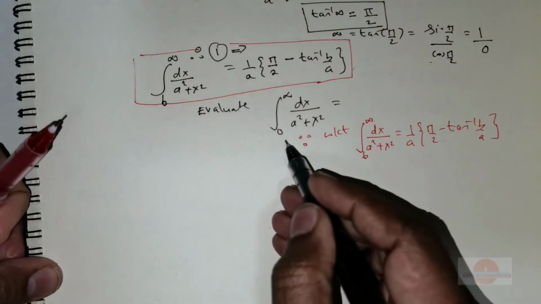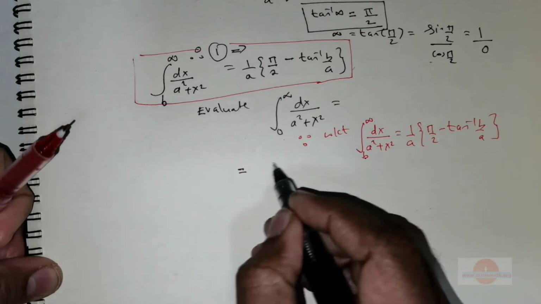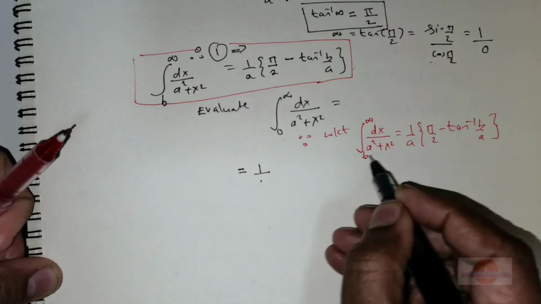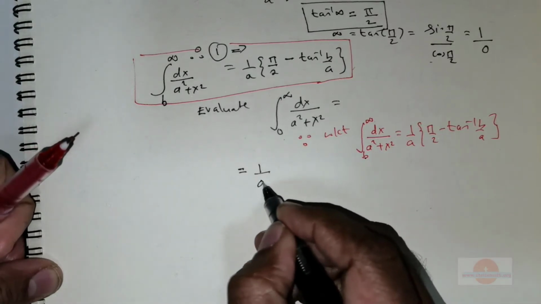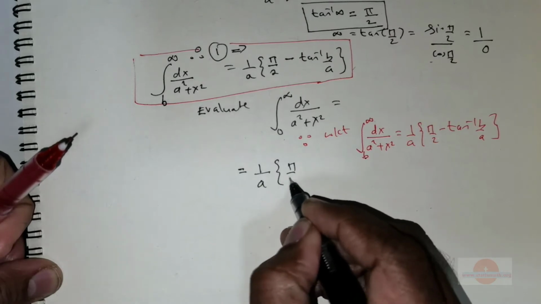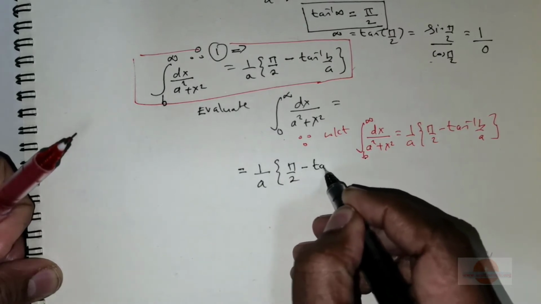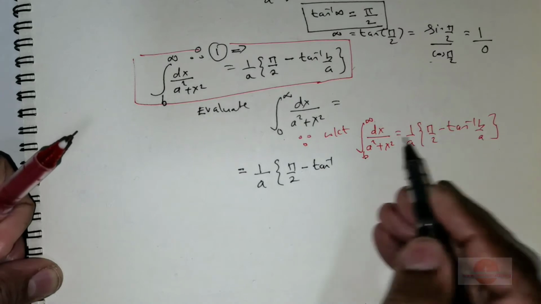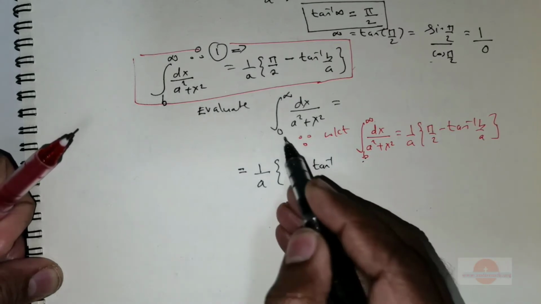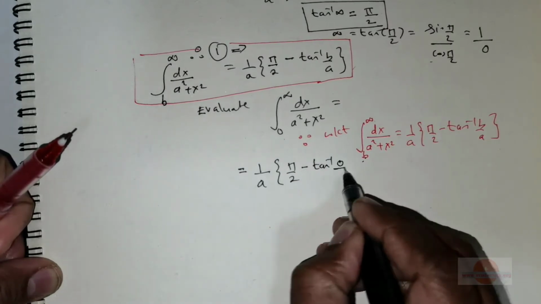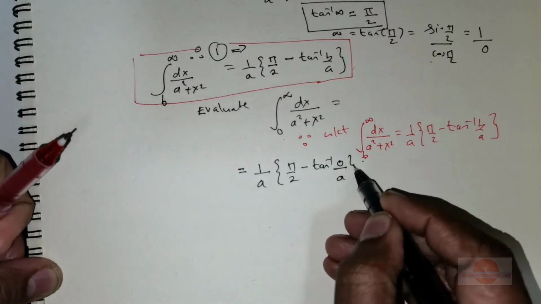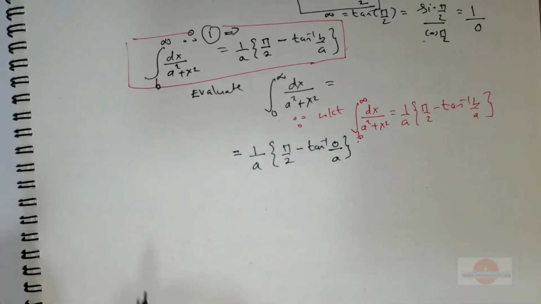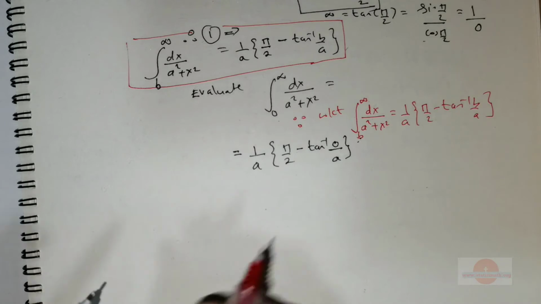So in the place of b we got 0. So this would mean we now have 1 over a times pi over 2 minus tan inverse of, don't substitute b there, in the place of b we have got 0, so that's going to be 0 divided by a. Now we have got tan inverse of 0. What is tan inverse of 0?